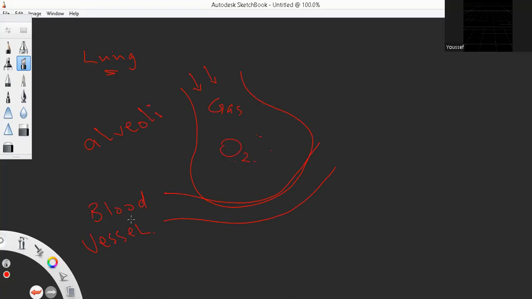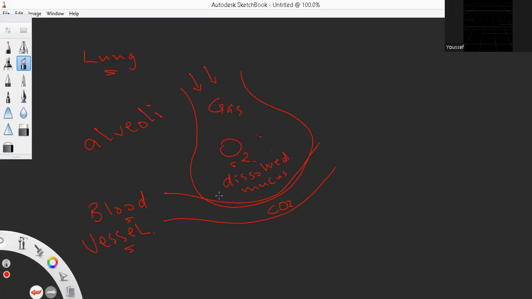And the blood vessel at the lung level carries carbon dioxide. The oxygen is dissolved in the mucus of the alveoli.